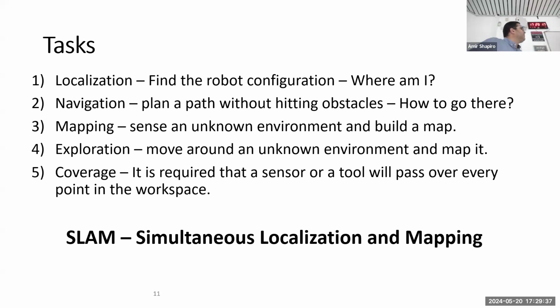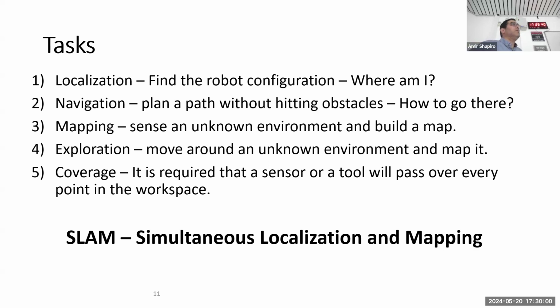Then mapping. Mapping is to build a map: to sense an unknown environment and then build a map of it using the sensors. Exploration is like an extension of mapping.